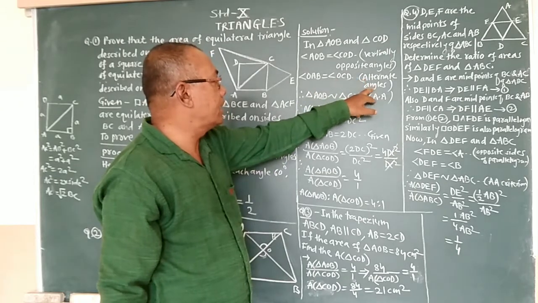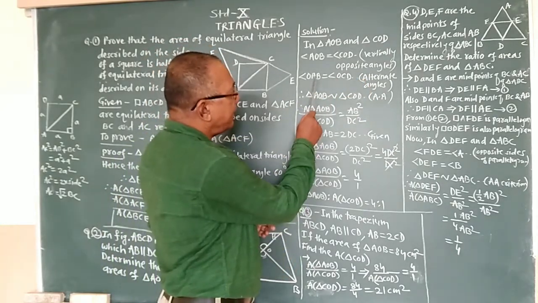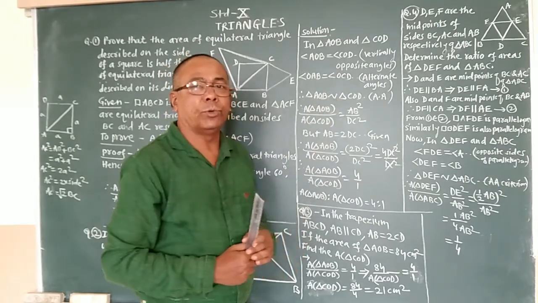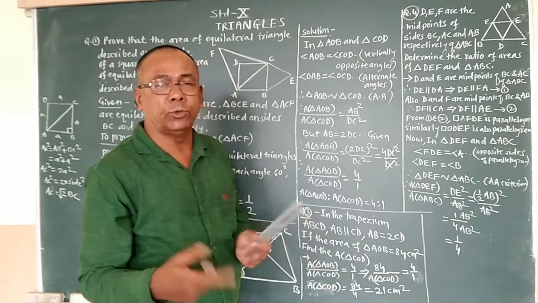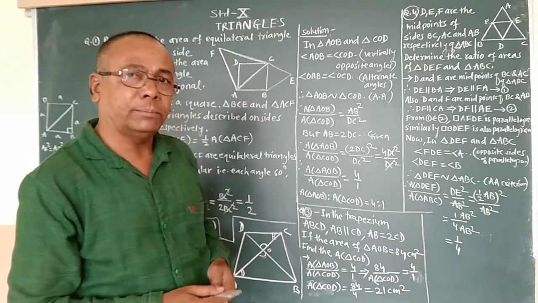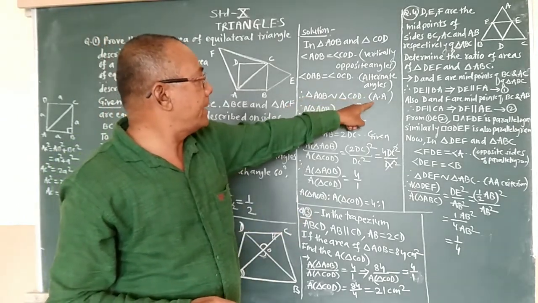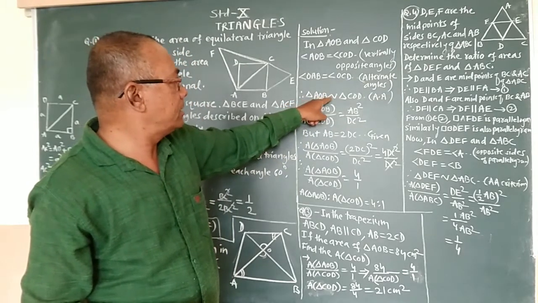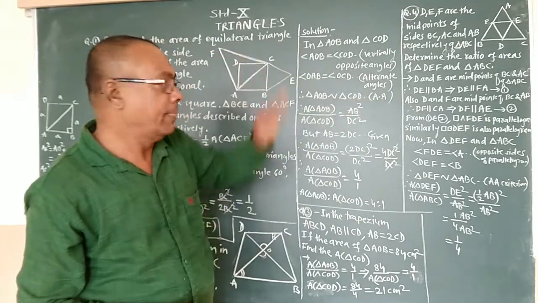Result is alternate angle, and therefore by AA criteria, if two angles of one triangle are equal to the corresponding two angles of another triangle, then both the triangles are similar. Therefore triangle AOB is similar to triangle COD by AA criteria.